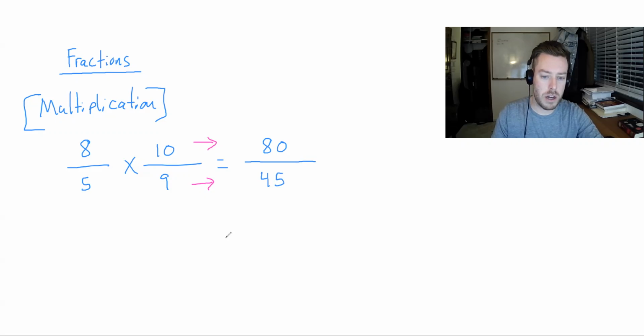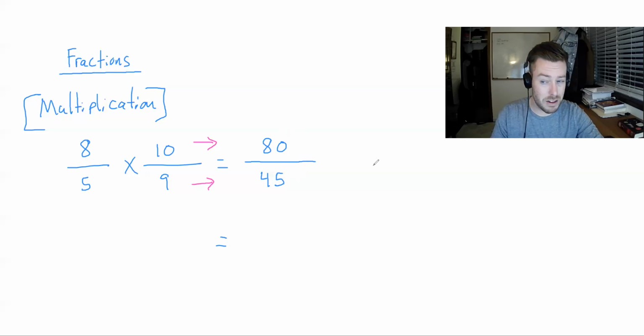Now, when it comes to this point, a lot of professors or teachers, or sometimes if you're doing a test online, they want things in what is called reduced form, and they just want everything reduced. In this case, I happen to notice I have one number in the numerator, one in the denominator, 80 and 45.